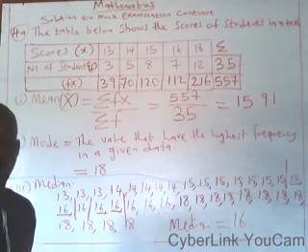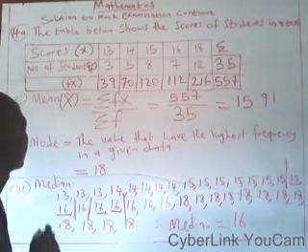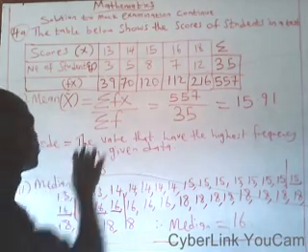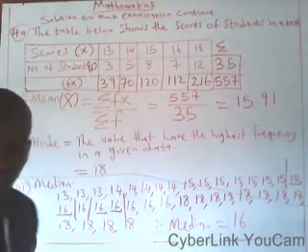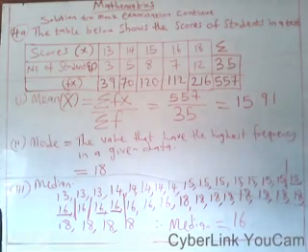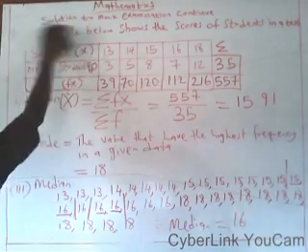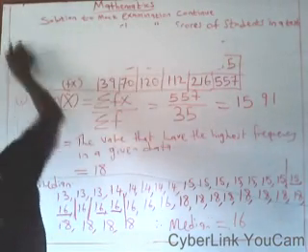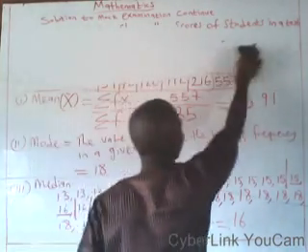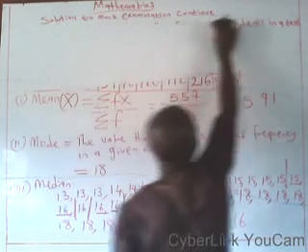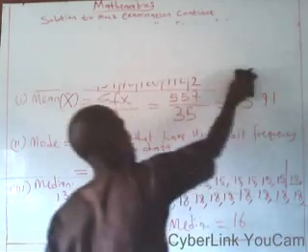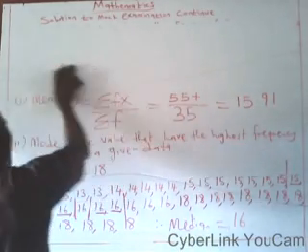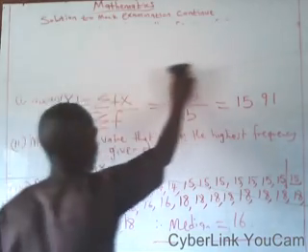The next question under this particular table is also what? Range. We have to determine the range, making use of this table. And we all know that our definition for range is the highest value minus the lowest value in a given data. That is the difference between the highest value and the lowest value in a given data.